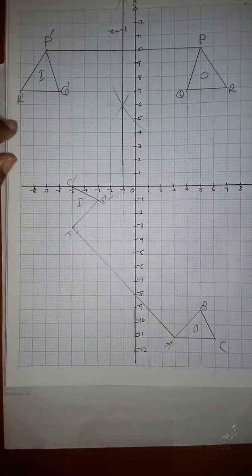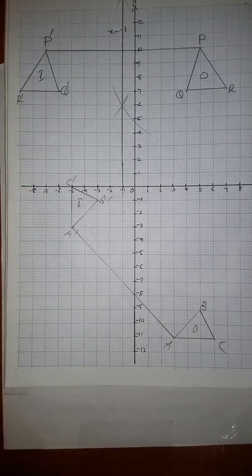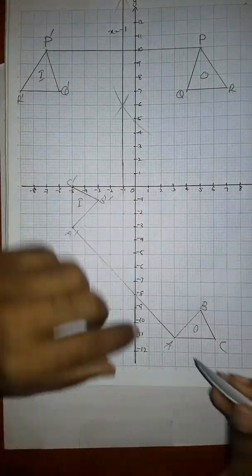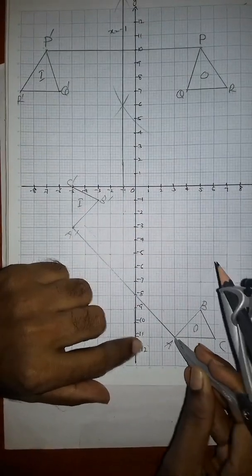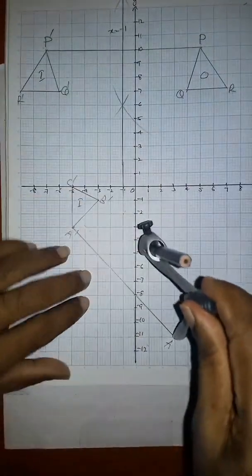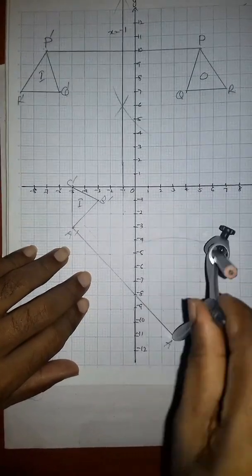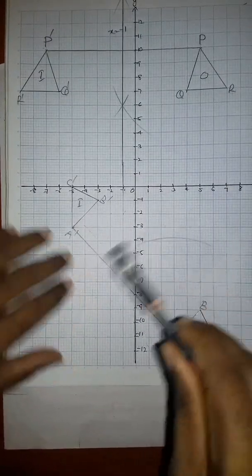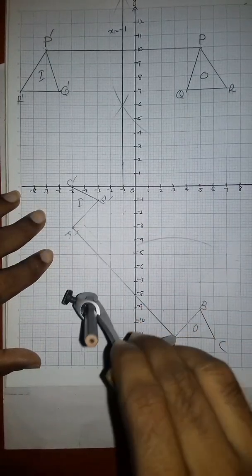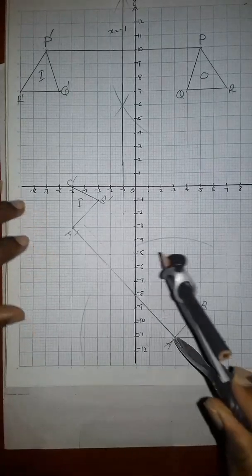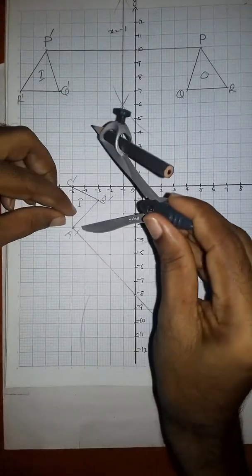Now we have to find the perpendicular bisector of this line also. Then keep the middle point here and cut an arc above and below. Here also. Then keep the middle point at A dash.